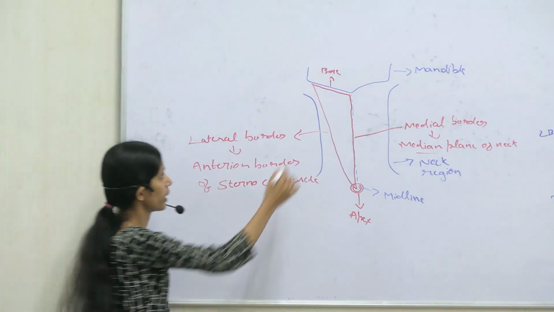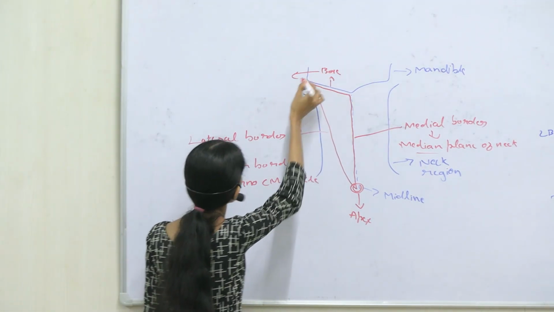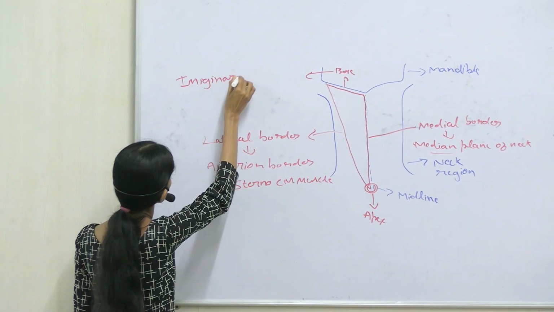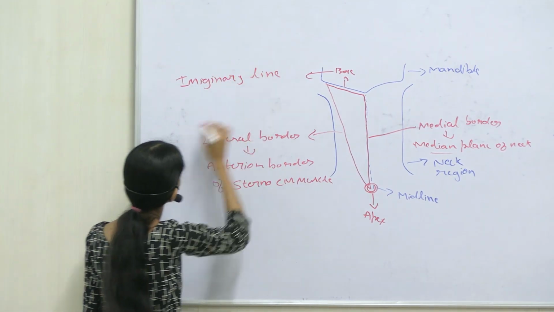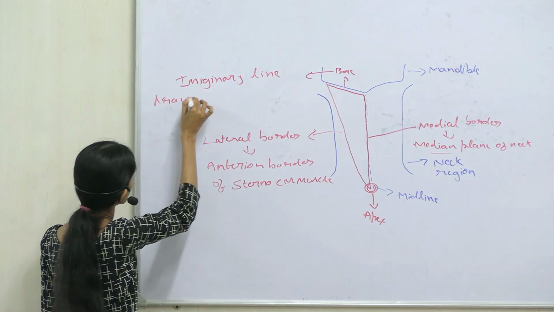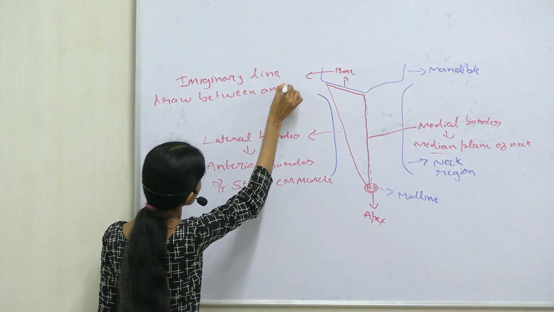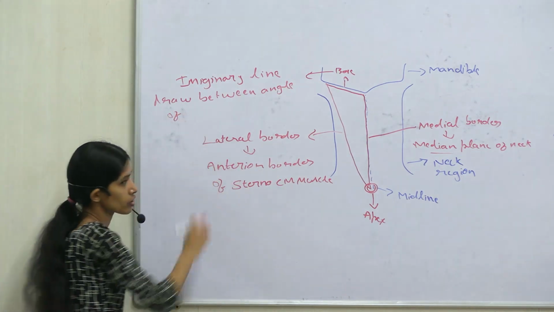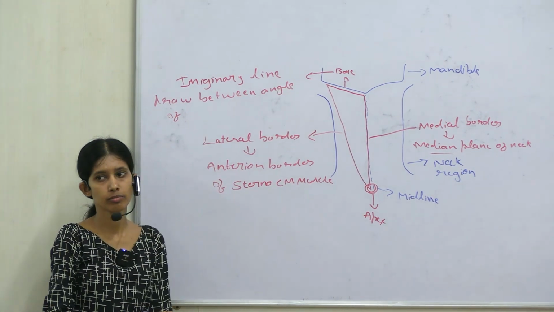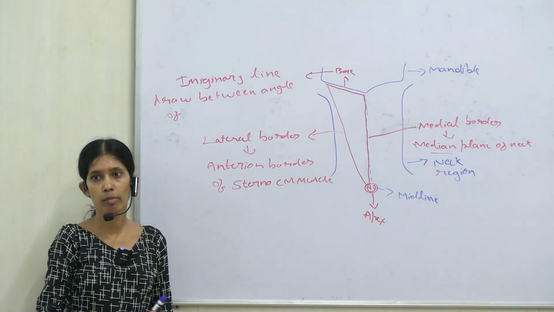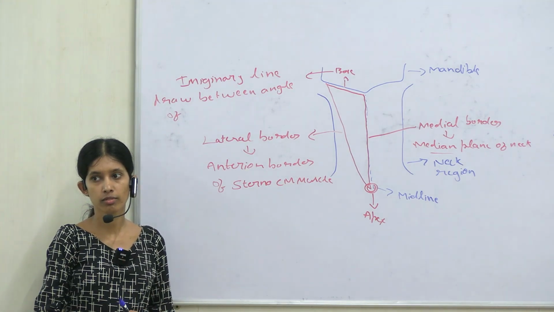Okay, and the base is formed by the imaginary line drawn between your angle of mandible. Which is the angle of mandible? Show me the angle of mandible where we can see the mastoid process.